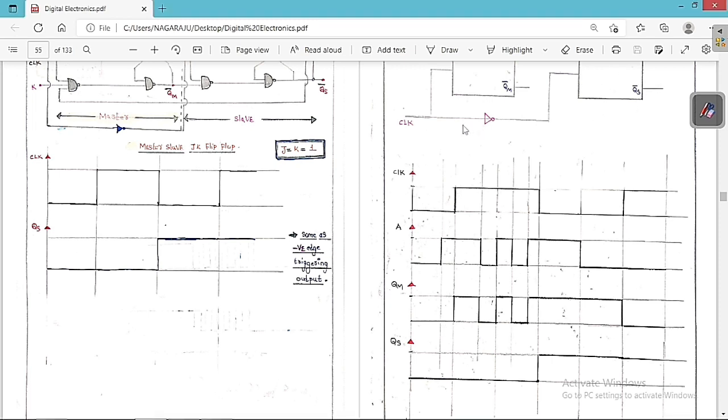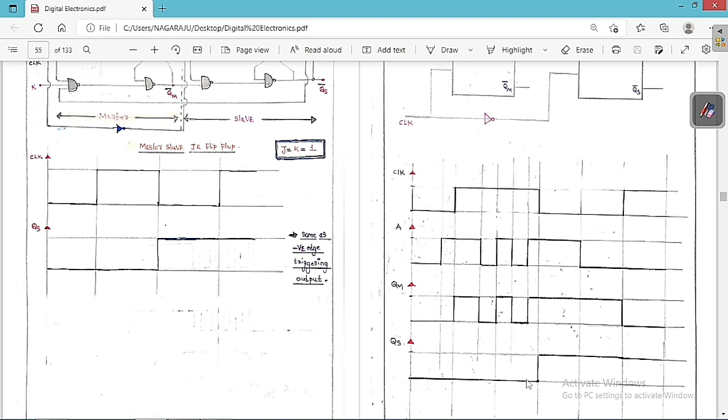If the clock is high, it is in the memory state, so simply we can say that whatever the previous output of QS, same thing is going to be present. So the QS variation is similar to negative edge triggering of the clock. Whenever the negative edge triggering happens like this, it is going to change its output. You can see clearly from this figure also. These are the points that you always have to keep in your mind.